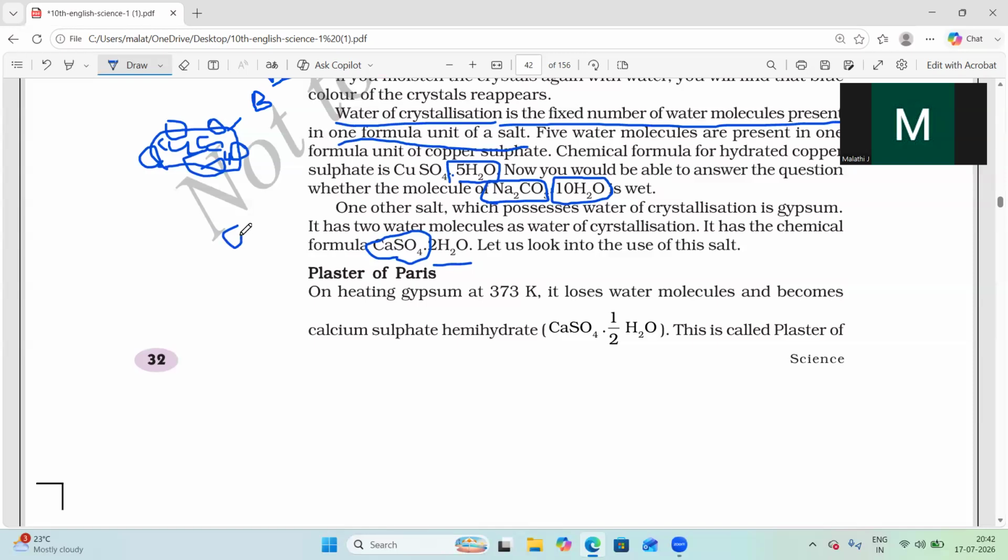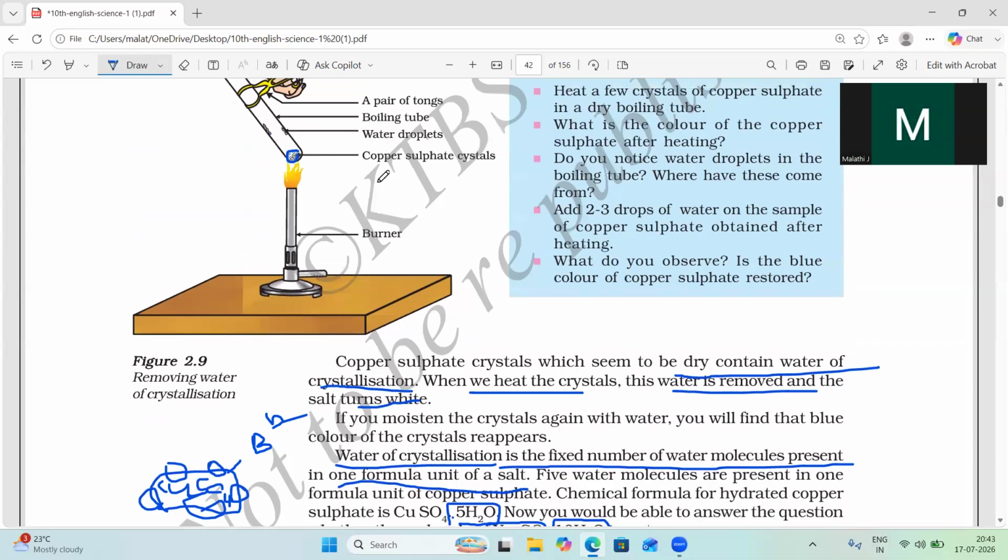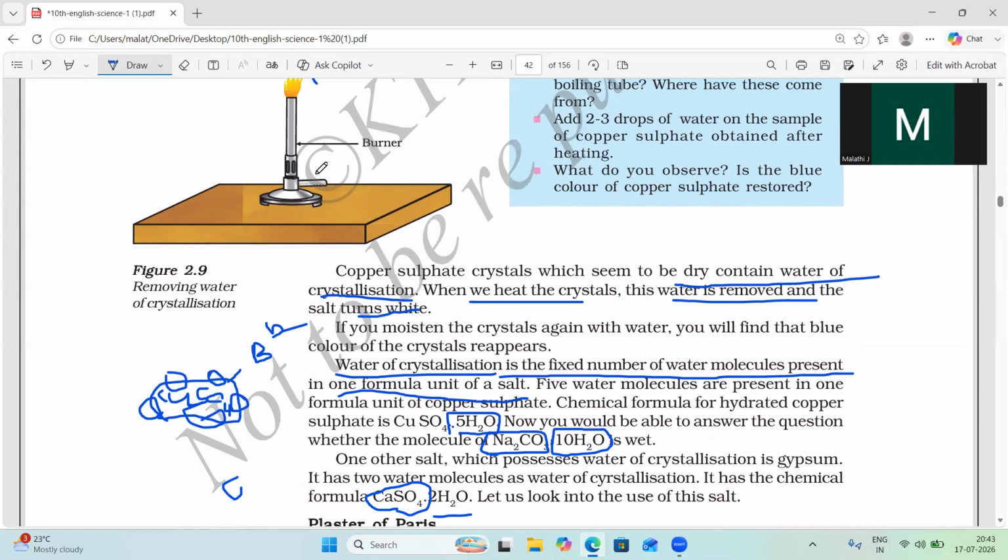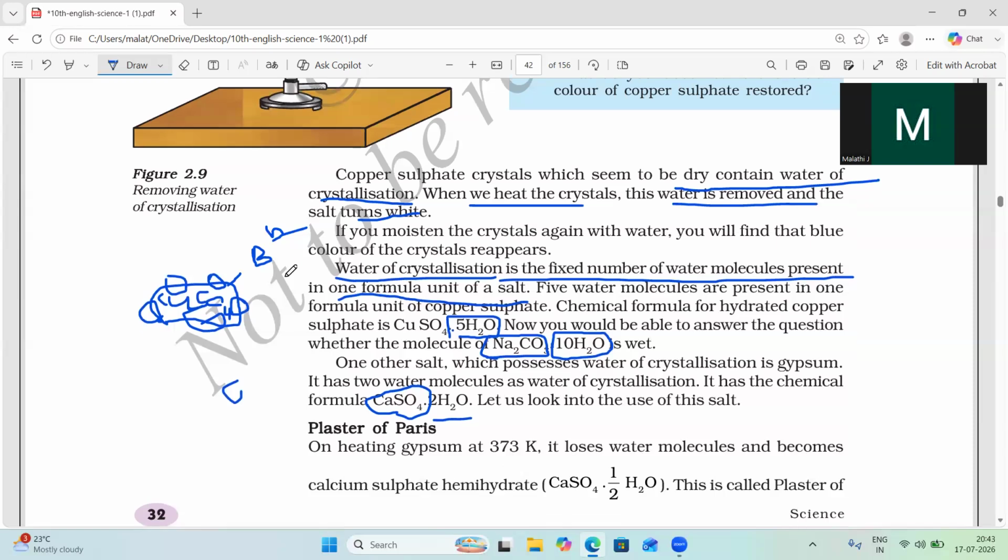When we heat, water evaporates and the blue copper sulfate crystals become colorless. We know that copper sulfate is blue in color. When we heat, the water of crystallization evaporates and it turns white.